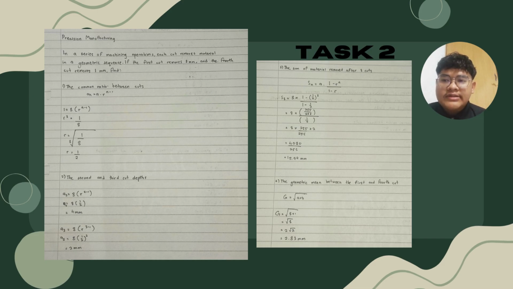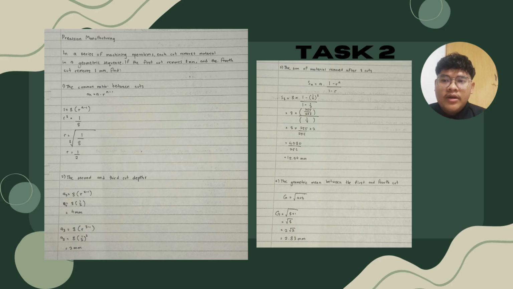The sequence is geometric. So the formula for the nth term is AN equals A times R to the power of n minus 1. So for the fourth cut, 1 equals 8 times R cubed, which means R cubed equals 1 over 8.